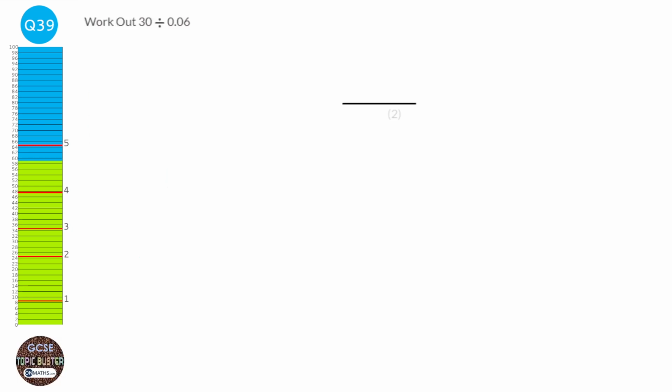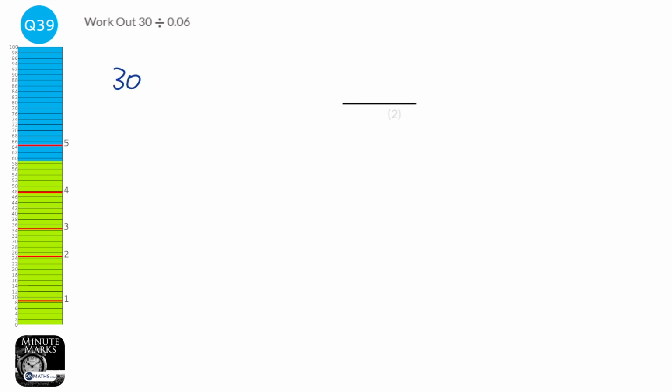Sometimes it's easier with these questions to multiply both numbers by, say, 10 or 100 or 1,000. So if we look at the 0.06, if we times that by 100, it would make the question a lot easier. But with a division, if you times one of the numbers by 100, you have to times the other one by 100.